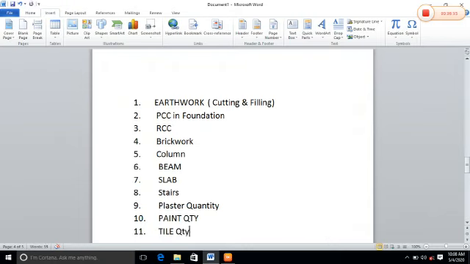We will find all these in the upcoming lectures, and in today's lecture we will discuss earthwork. Our first topic is earthwork.